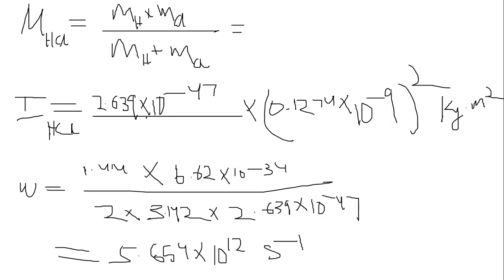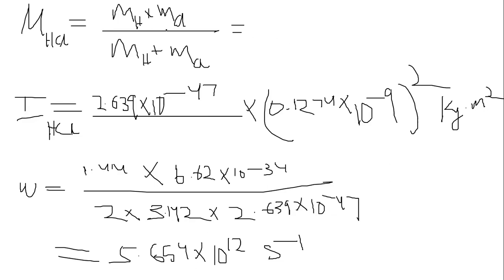So the value of I, we know the expression for moment of inertia is mu r square. So it is mu into the bond length, the separation between two atoms, squared. So the effective mass of HCl is mass of hydrogen into mass of chlorine divided by mass of hydrogen plus mass of chlorine. So we will calculate this value because we know the mass of hydrogen and mass of chlorine.